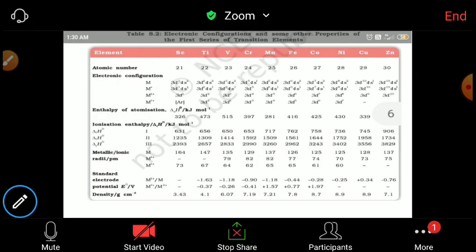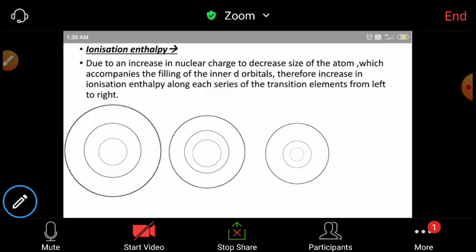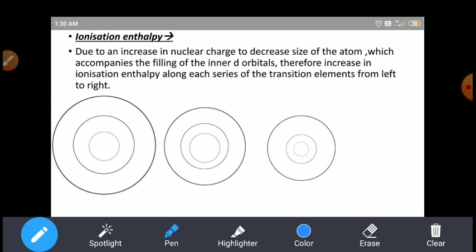So here is the table. Ionization enthalpy. Already we know that ionization enthalpy is the amount of energy required to remove an electron from the outermost orbit of an atom.